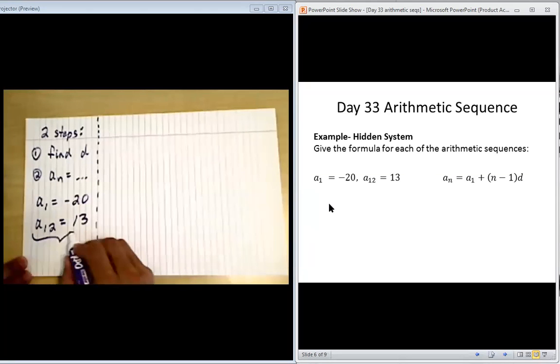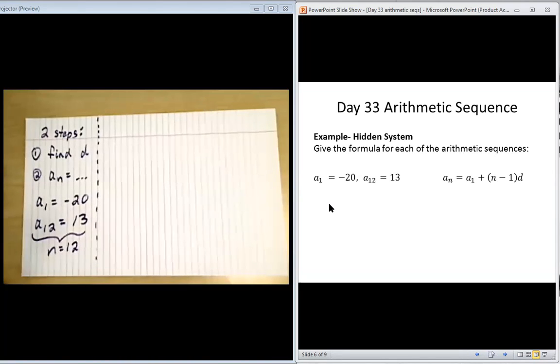So related to this 13, n is equal to 12, okay? So when n is equal to 12, we're looking at the 12th term, and that has a value of 13.